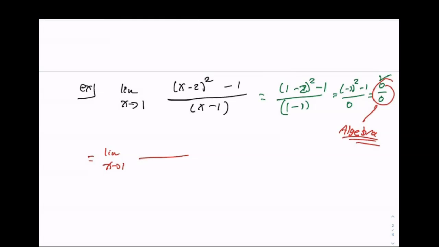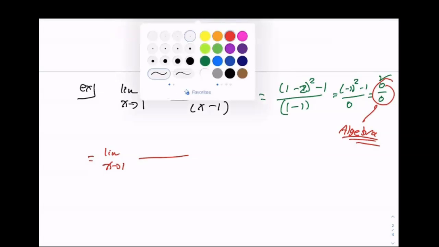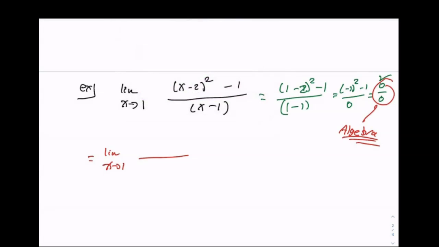What do I have to do? We have to expand. And of course, you're like, well, how am I supposed to know that? I know, that's why I do this example so that you can see. It's algebra. So we need to expand it.